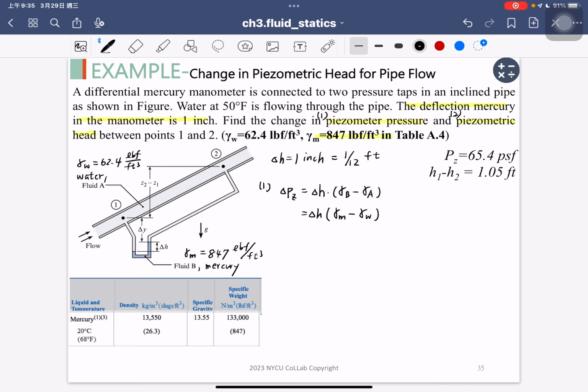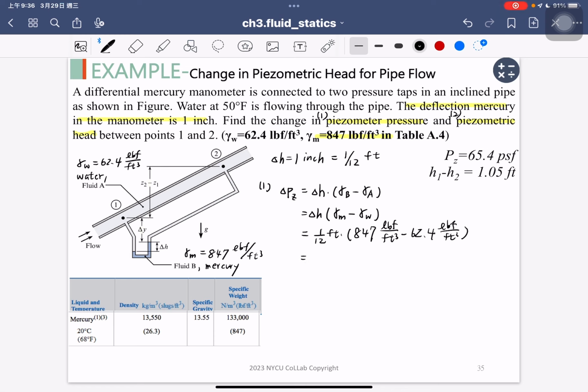So we have all the numbers, so we can put them inside the equation. We have 1 over 12 feet multiplied by gamma m, 847 pound force per cubic foot, minus 62.4 pound force per cubic foot.